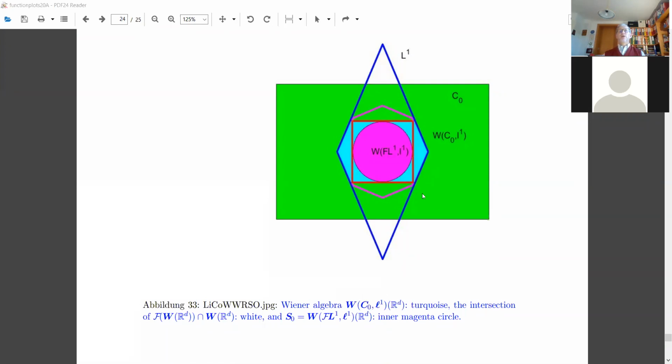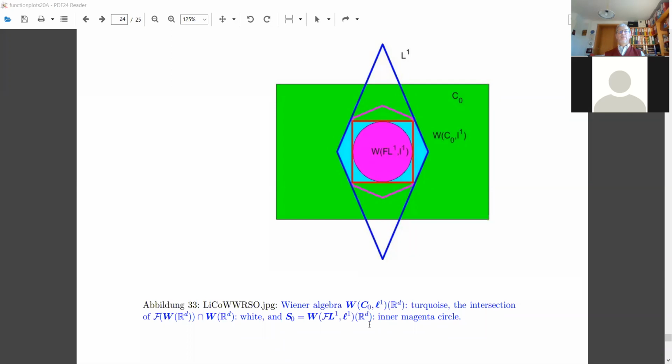So if I compare the spaces that we have at this moment, it's C0, the very basic function space. It's L1, and you have some functions which are, of course, not continuous, but integrable.